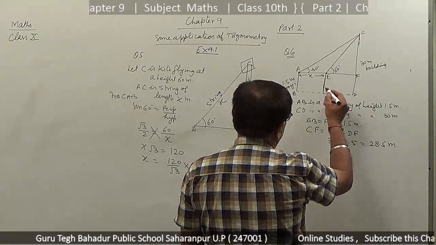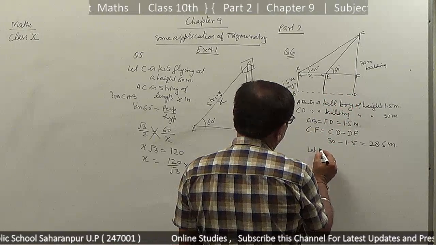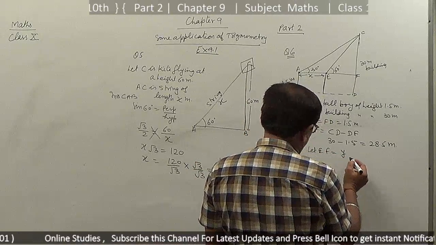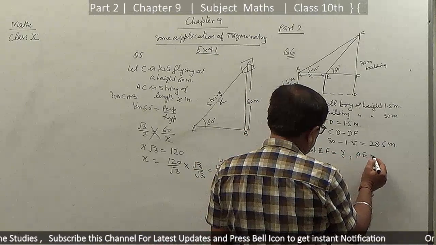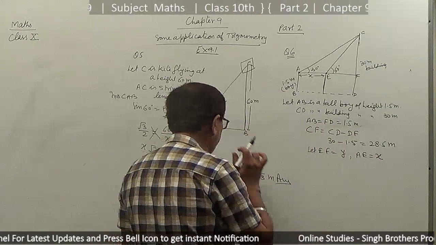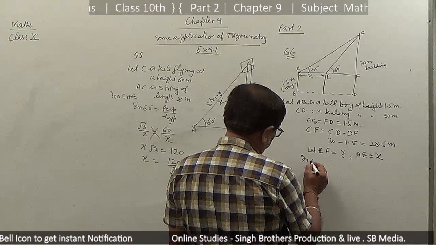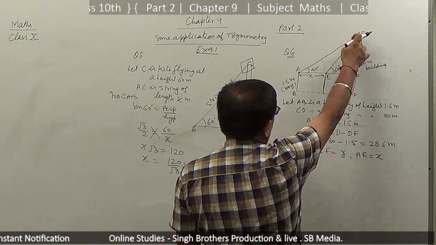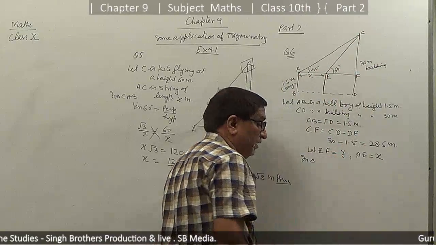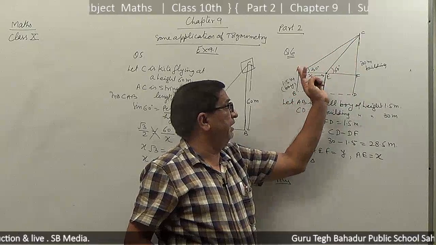And taking, let EF be equal to y and AE be equal to x. There are two right angle triangles, CEF and CAF.